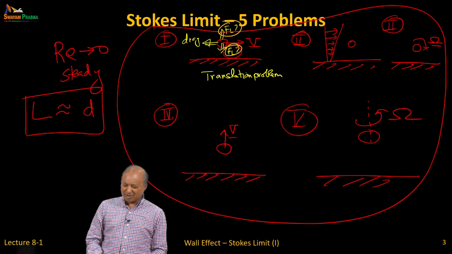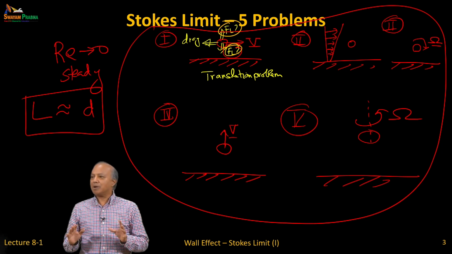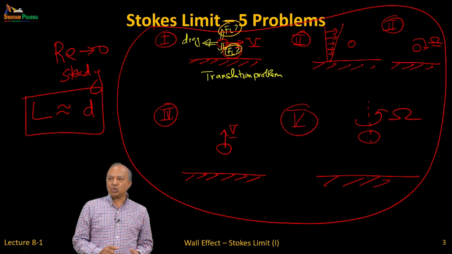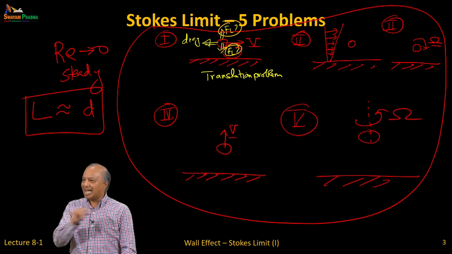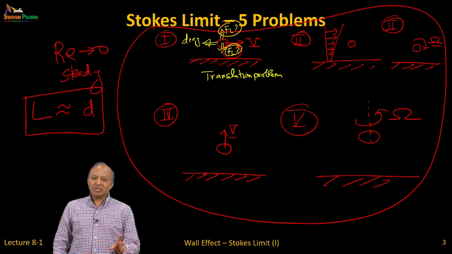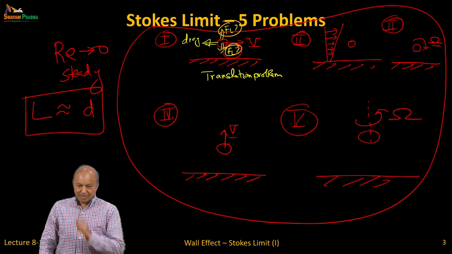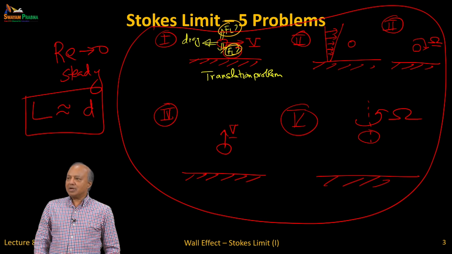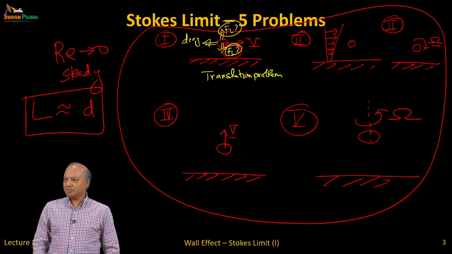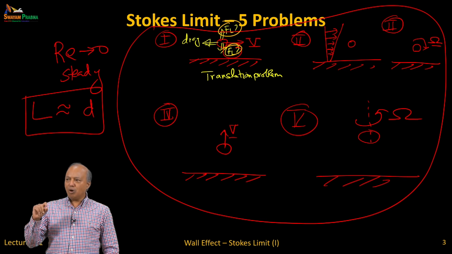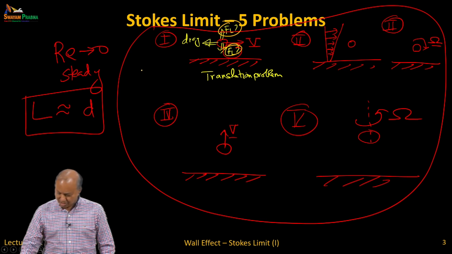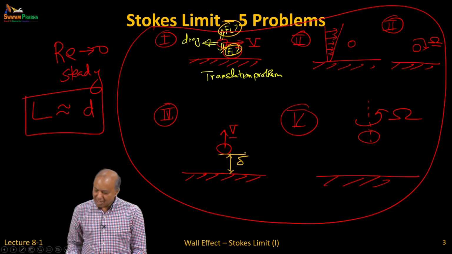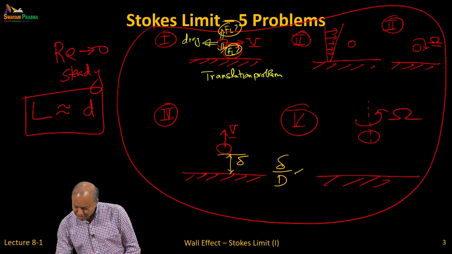For all 5 problems, I'm going to skip the details because all the answers are in the book. For every one of them, the drag and torque on the particle, there are exact expressions. Only one thing I want to tell you is that those results typically are done for 2 limits. One is small gap, where delta over the diameter dP is very small.